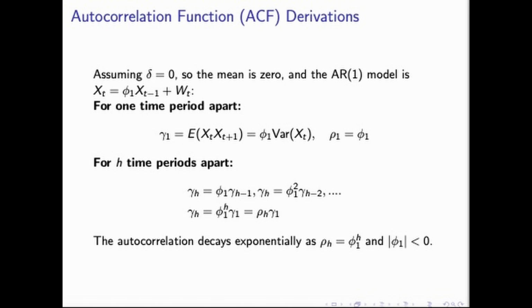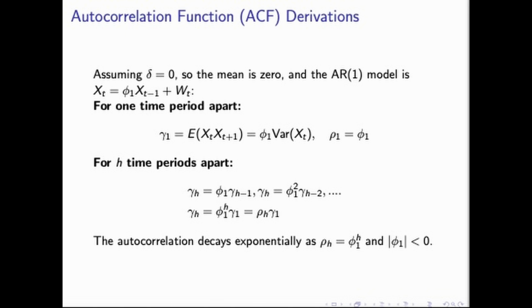For h time periods apart, gamma h equals phi 1 times gamma h minus 1, and gamma h also equals phi 1 squared times gamma h minus 2. If we keep repeating the same process, then eventually gamma h can be expressed as phi 1 to the power h times gamma 0, which also equals rho h times gamma 0.